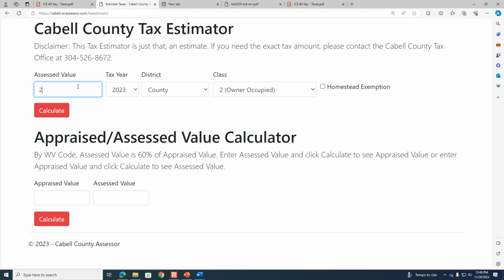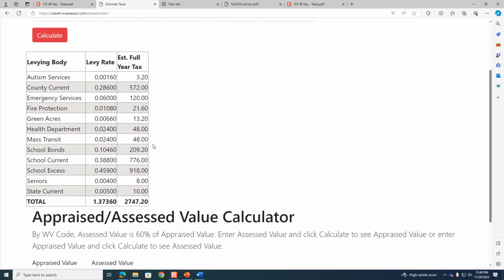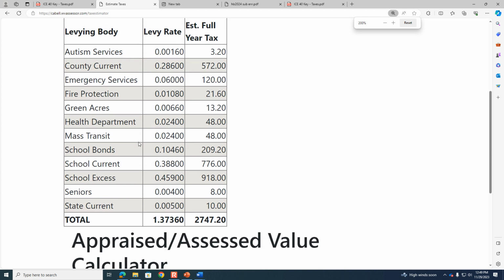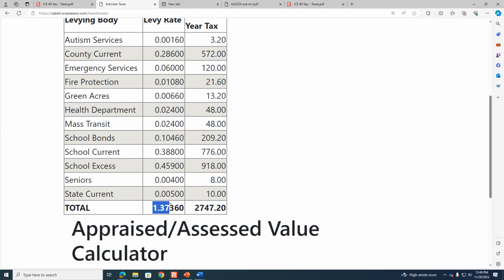So if you had a $200,000 home, you can calculate what your taxes will be, and this will also show where it's going. The discrepancy I noticed is that this rate, 1.3736, is a little bit different from the rates that they show earlier on the website. So I'm not exactly sure which one is right.